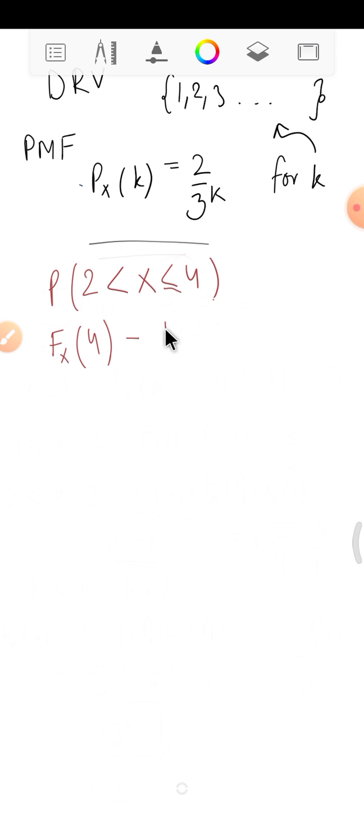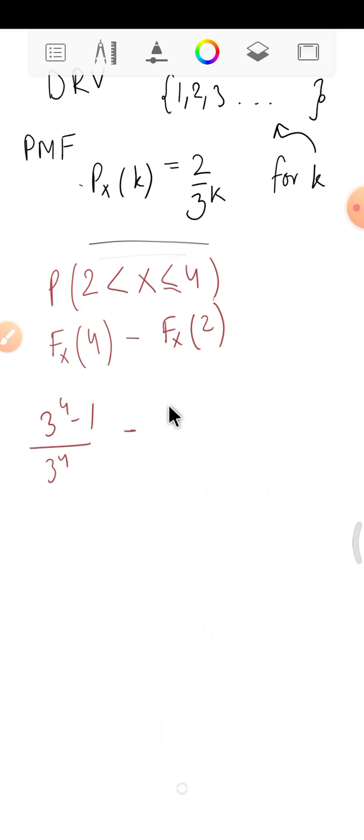So P of 2 to 4, using the formula which we derived before, we get 3 raised to power 4 minus 1 upon 3 raised to power 4, minus 3 raised to power 2 minus 1 upon 3 raised to power 2.